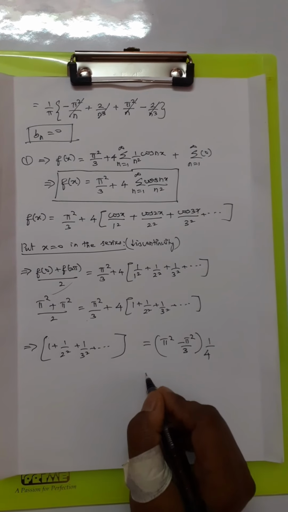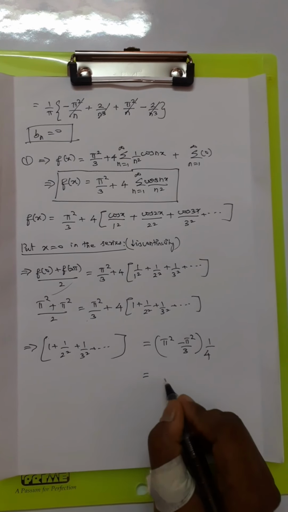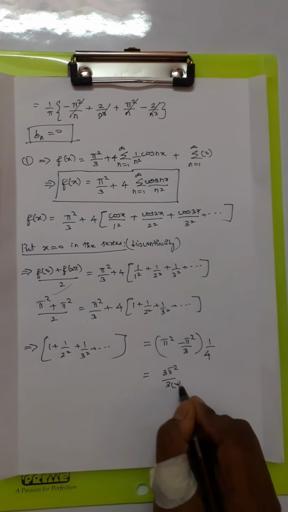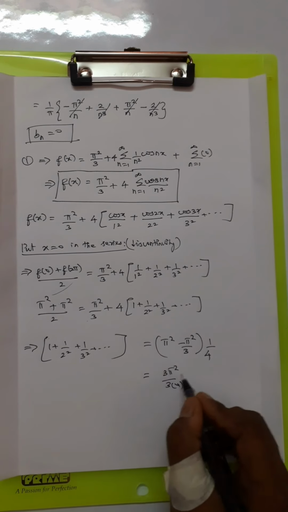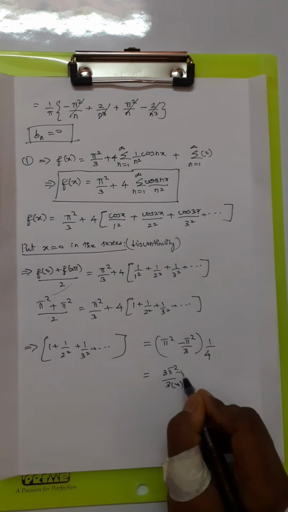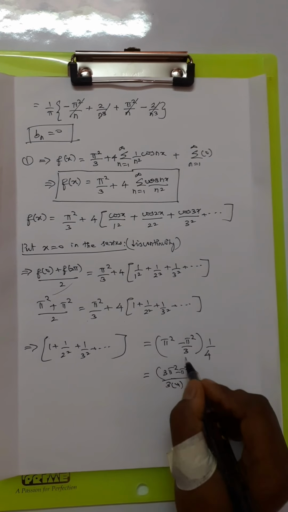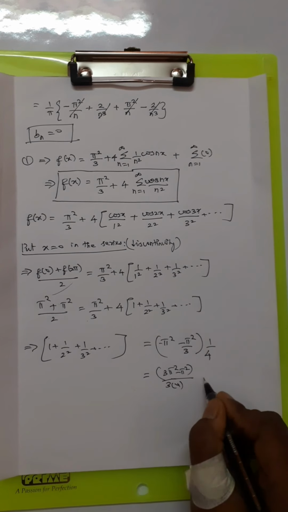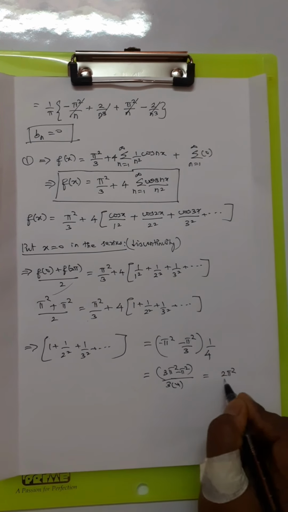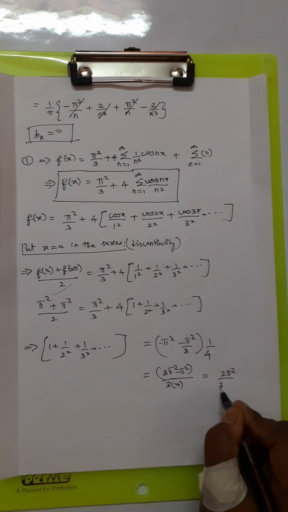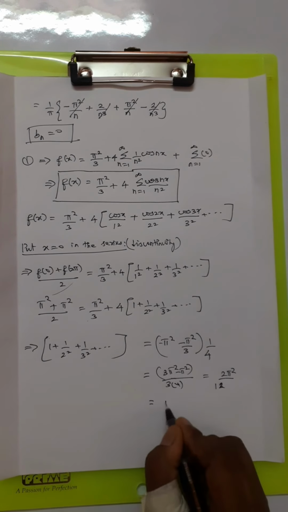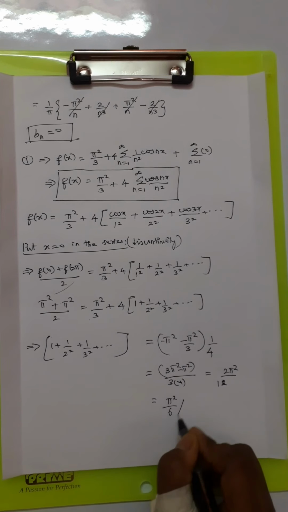Which is equal to 3 pi square minus pi square by 3 into 4, which is equal to 2 pi square by 12, right? Which is equal to pi square by 6.